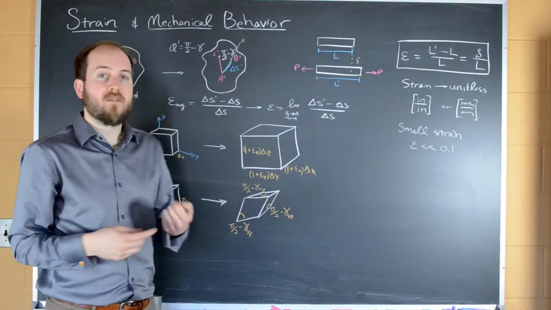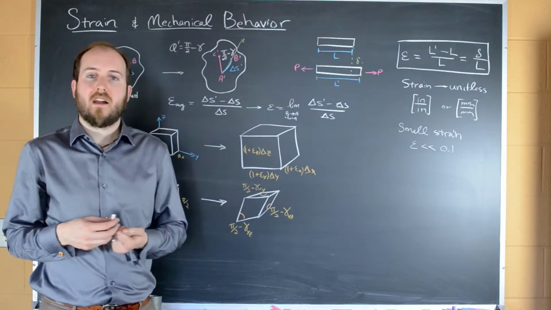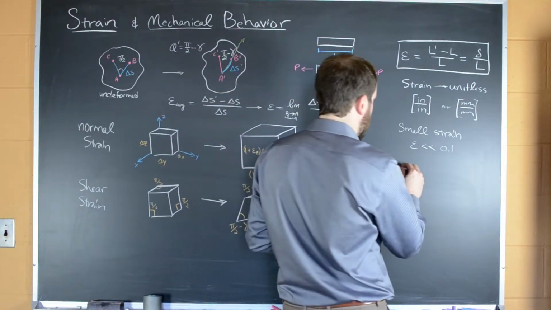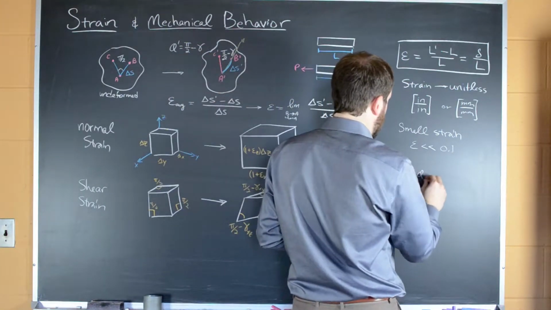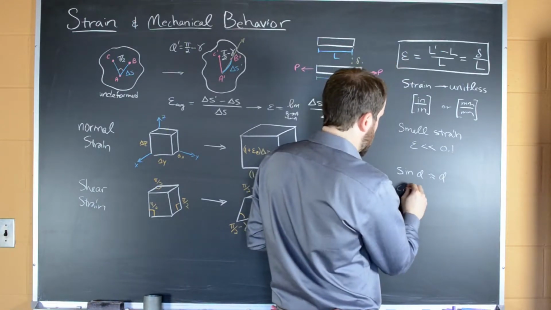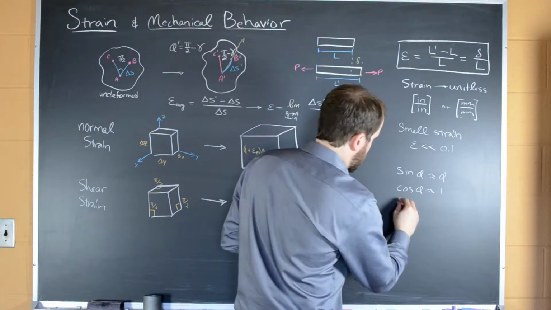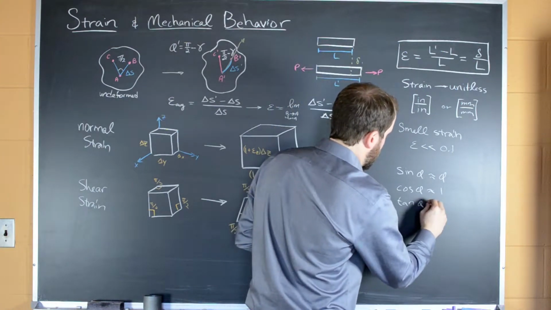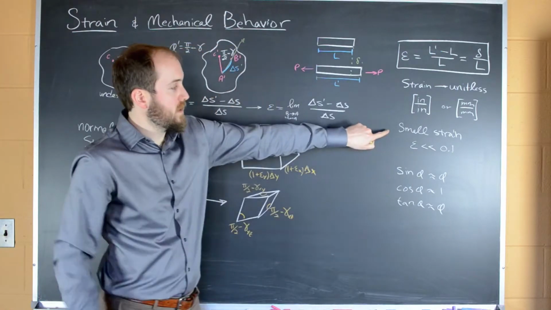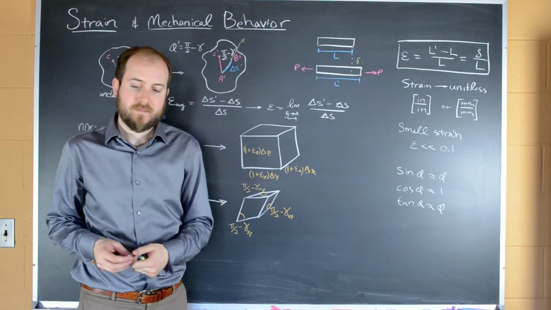That allows us to simplify some things. Because we have small strains, we can approximate small angles, and so we can say that we can approximate the sine of theta as theta, the cosine of theta as 1, and the tangent of theta as theta. So because we're focused on small strains, we're able to use these approximations throughout this course.